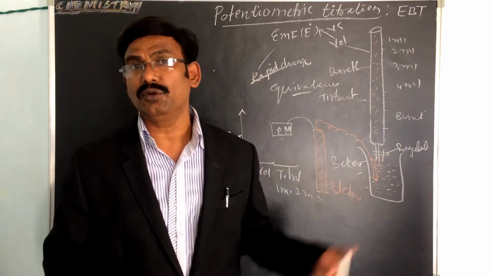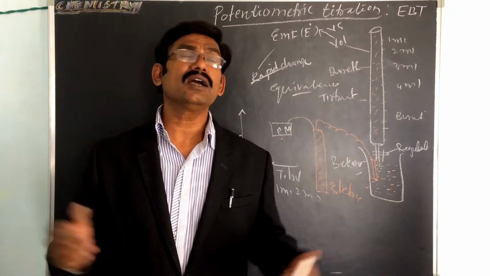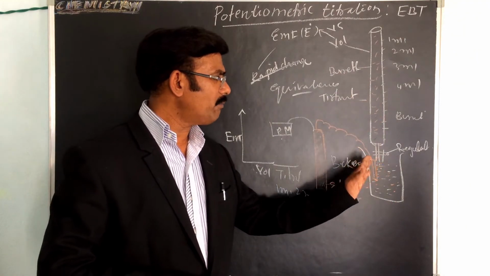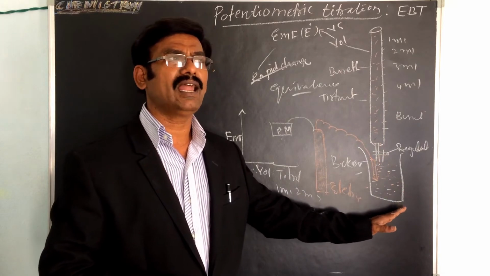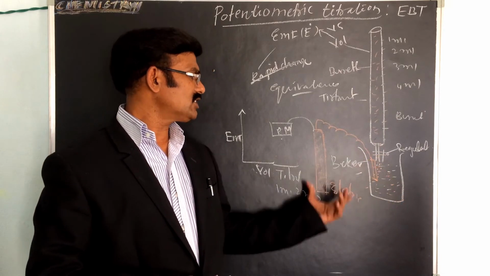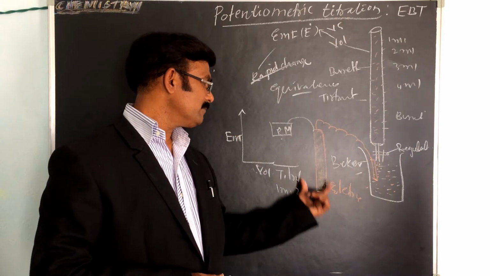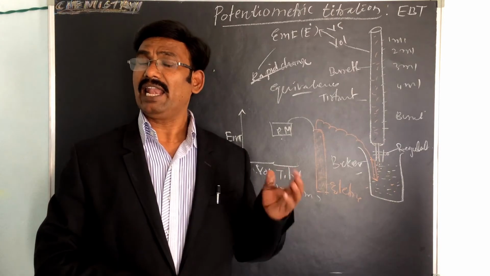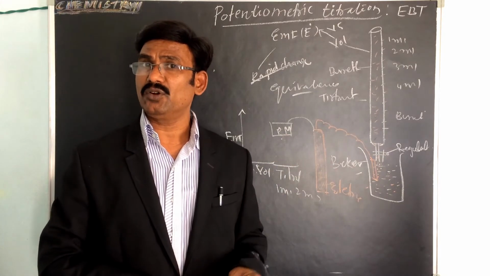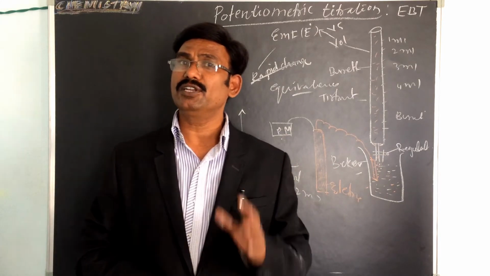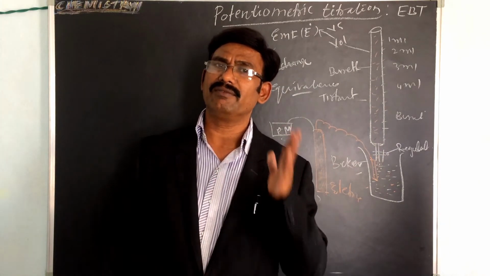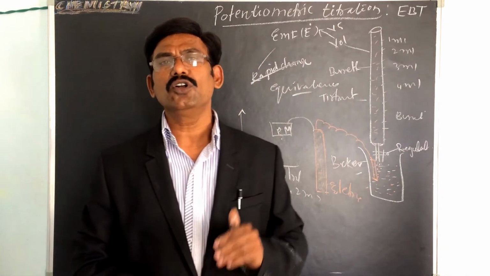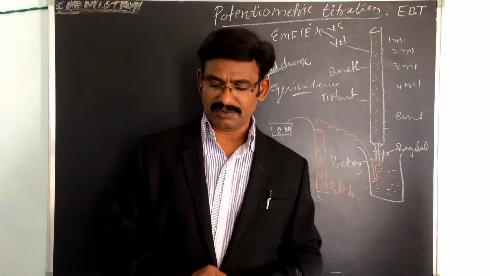Already in intermediate we know acid-base titration using phenolphthalein indicator. The same titration we have to do, but don't use phenolphthalein or methyl orange; here you use the indicator electrodes, glass electrode, calomel electrode. I will explain just one example clearly, then you have to do the same way for all the others. Okay.